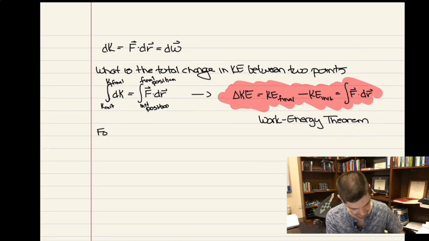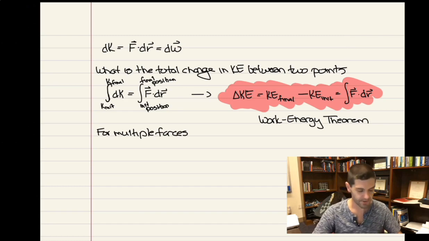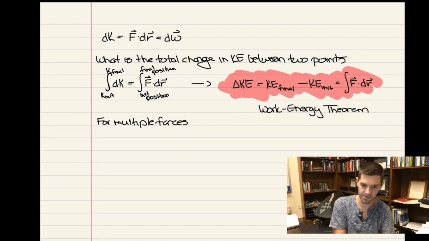And I'll just say for multiple forces, nothing really changes. Remember, Newton's laws talked about the net force, where you were doing the sum of the vector forces. Same thing here.